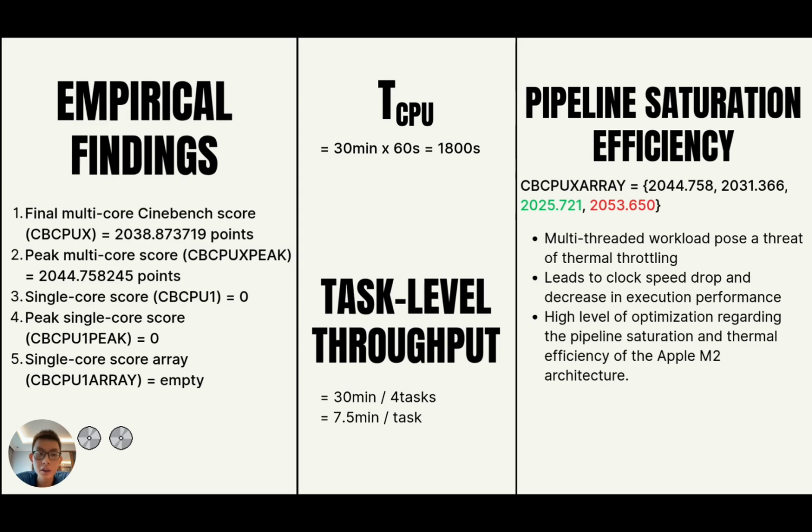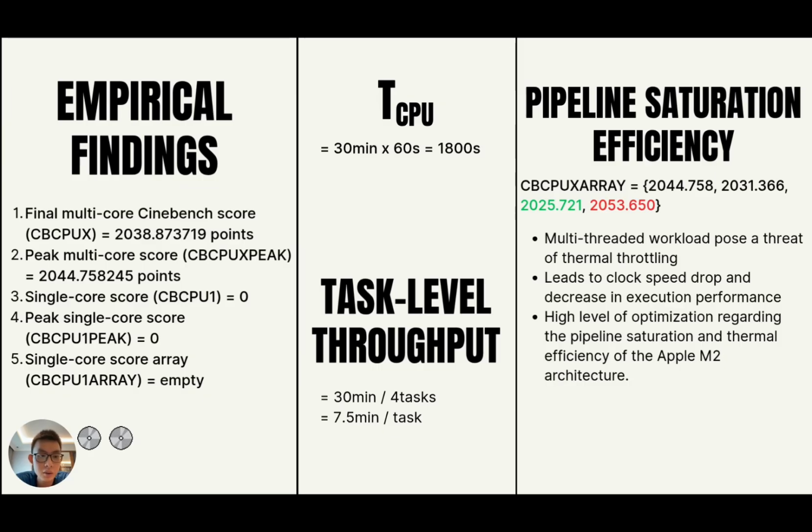We can see that the final multi-core Cinebench score is 2038.873719 points. Then the peak multi-core score, CB CPU X peak, is 2044.758245 points. Then the single core score is CB CPU1, which is 0.